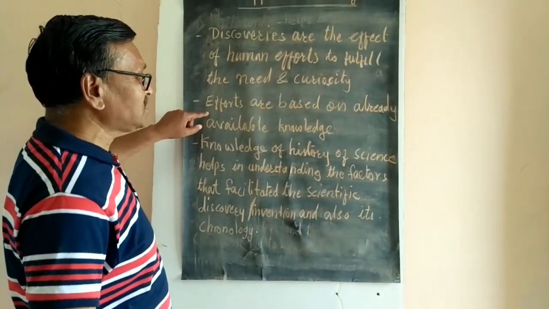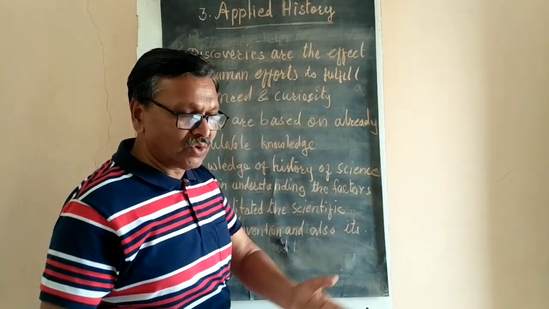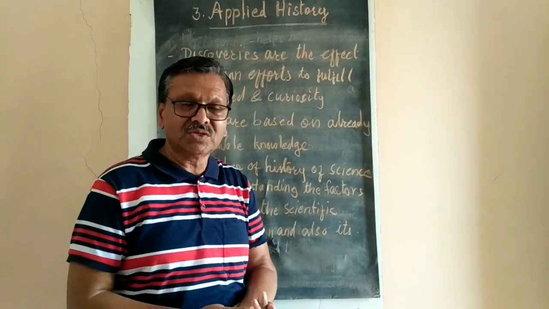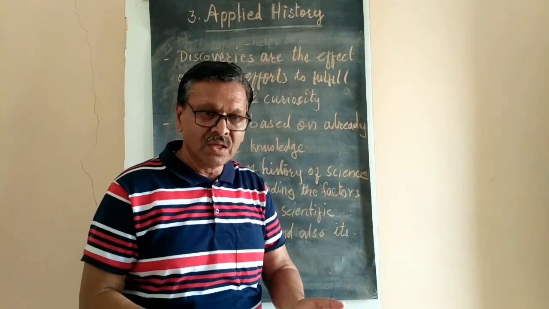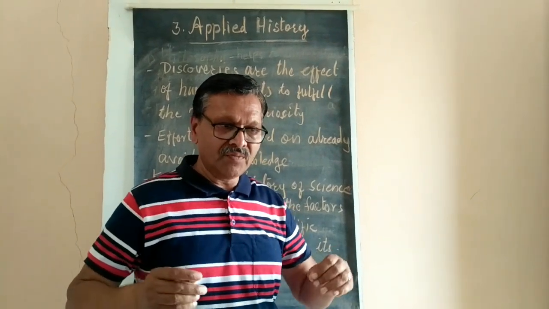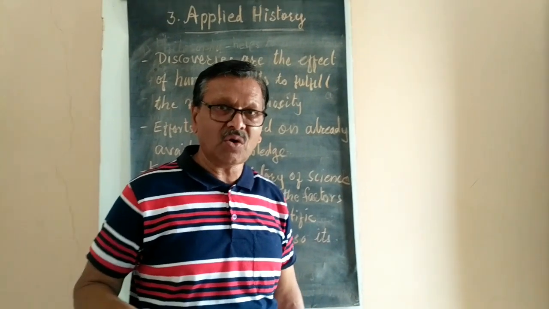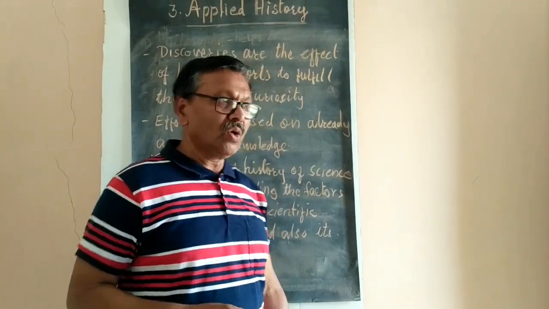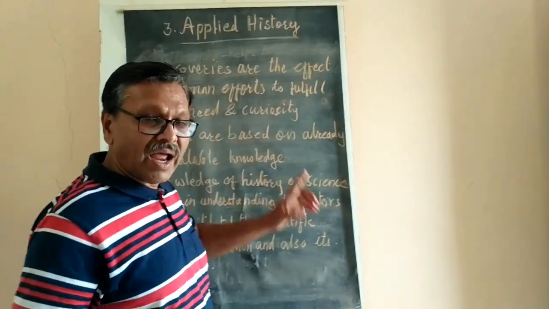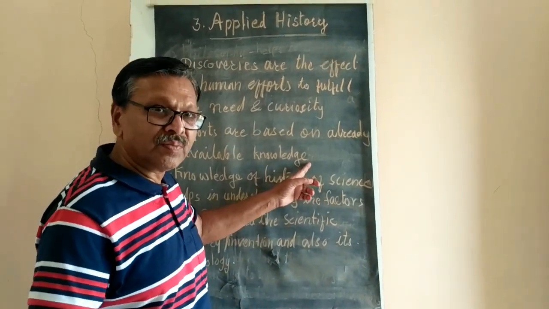Efforts are based on already available knowledge. As I told you earlier, what is the available knowledge related to the COVID-19 vaccine? Today in Pune, a few scientists and doctors at BJ Medical College have tested the BCG vaccine on a COVID patient, and they are experimenting to see whether this works.